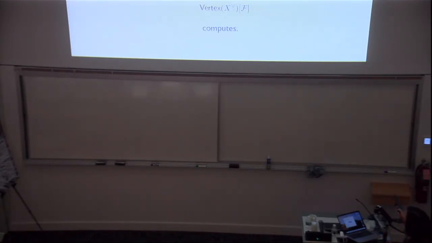The choice of which object of the category of coherent sheaves of x check you associate to the boundary at infinity determines which conformal block of the Lie algebra the vertex function computes. It determines it, but of course this depends only on the K-theory class.